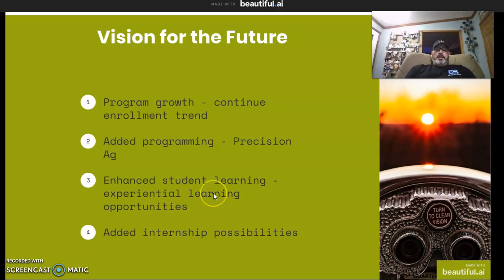And then as you add things, more internship opportunities and possibilities are going to come up as you create more partnerships with potentially new companies. So more spots for our students to find themselves internship and potentially long-term employment in the industry. So those are the four key visions that I would share with you for the future.